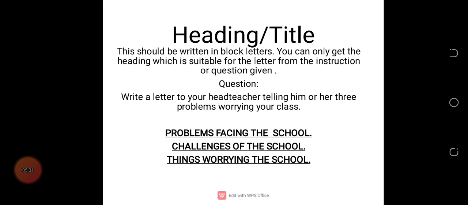You also realize that we have written all this in block letters, or capital letters, and they are underlined. So that is what you do for a formal letter. After the salutation, you write your heading or title and you underline it nicely.